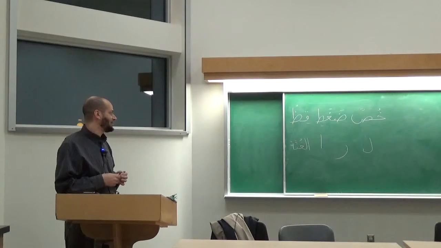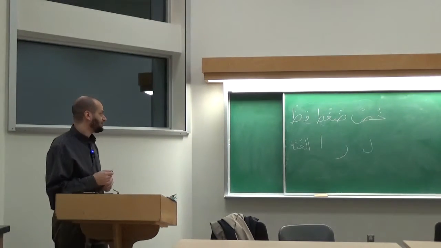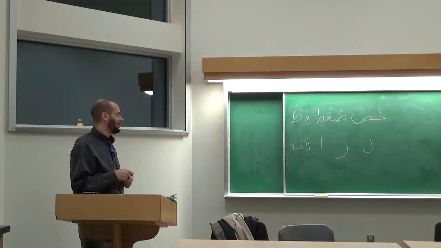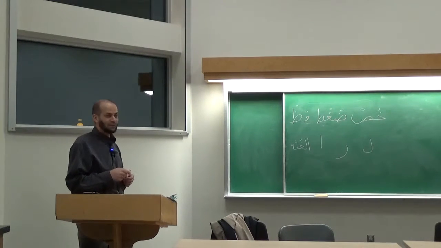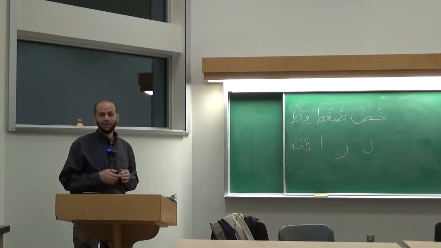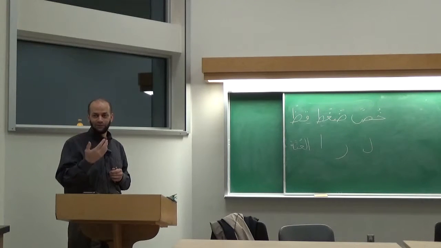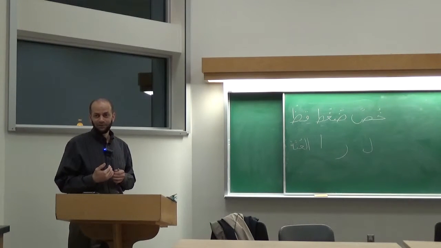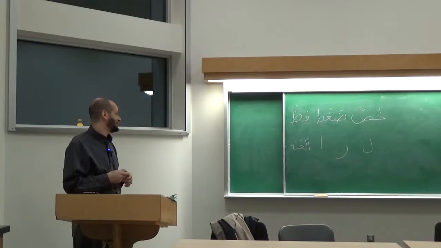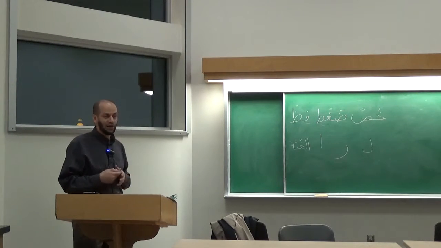And also, as we mentioned in the past, depending on what haraka is on the letter itself, it will make it either stronger or less strong. And of course, we have to remember these letters are always strong.